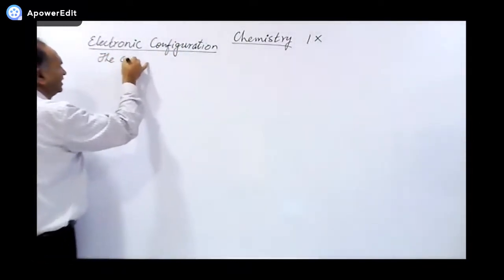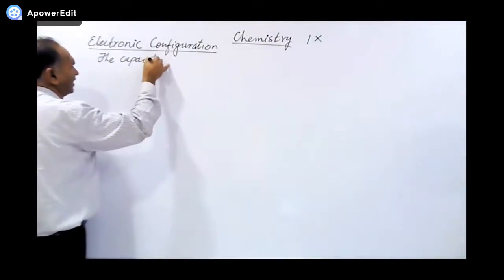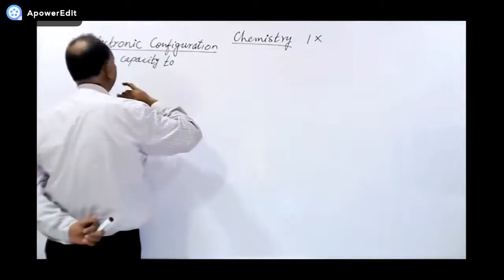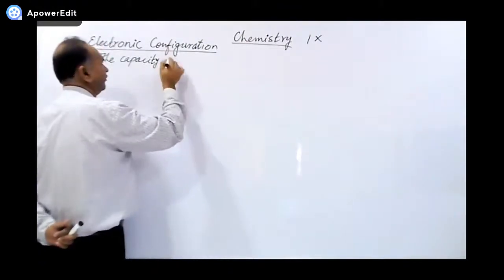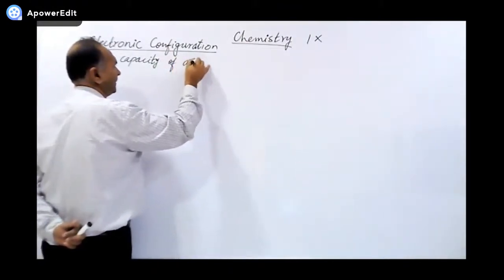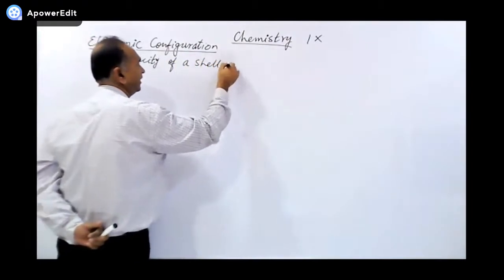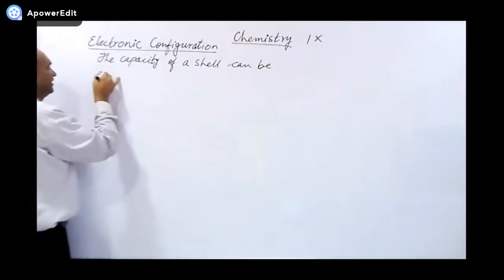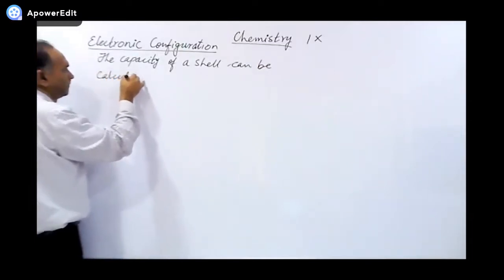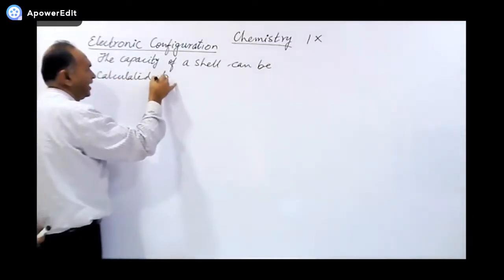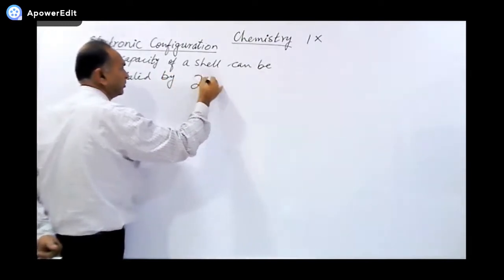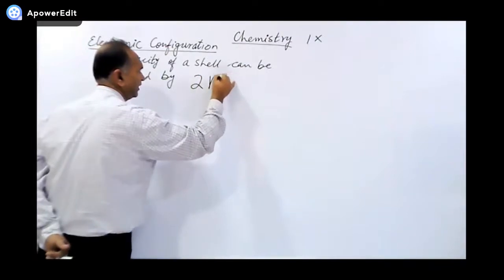The capacity of a shell can be calculated by 2n square.